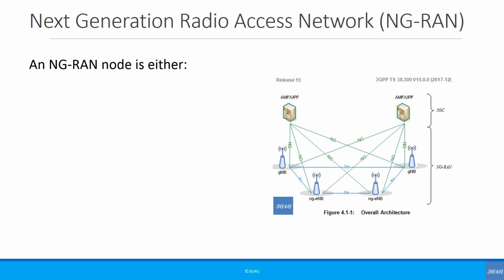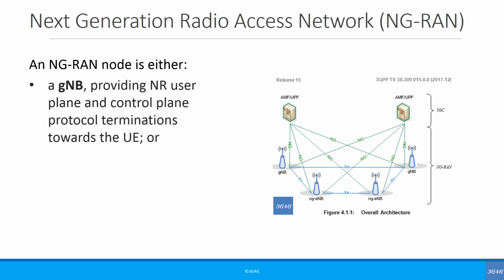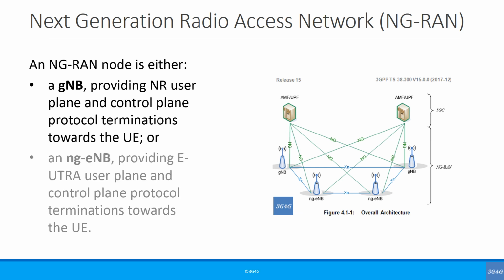So an ng-RAN node, this is the definition from the standards. An ng-RAN node is either a gNB providing NR user plane and control plane protocol termination towards the UE, or an ng-eNB providing E-UTRA user plane and control plane protocol termination towards the UE.